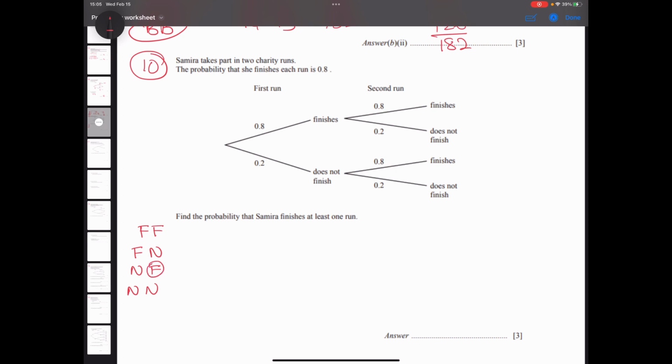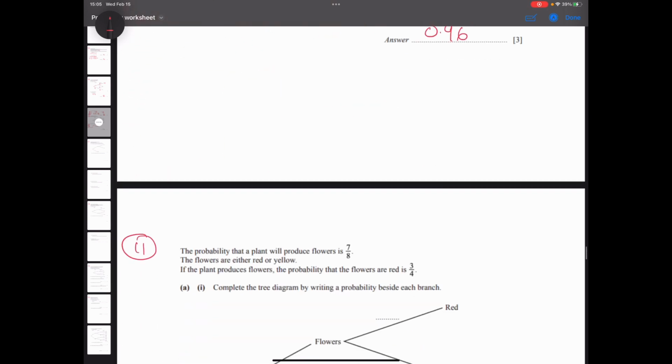So finishes at least one run lies over here. Again, as I always do, I'm just going to use reverse probability where I find this, which is 0.2 times 0.2. That's 0.04. So 1 minus 0.04 is 0.96. Instead of going all through these, I'm just going to do it that way.